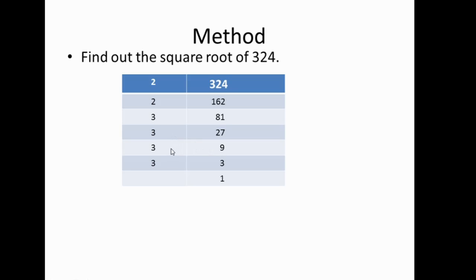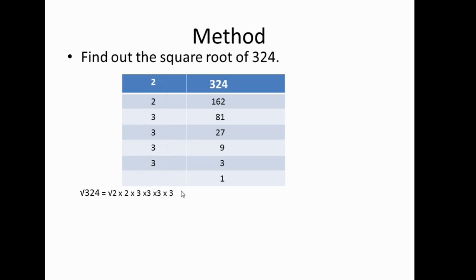Now I divide 9 by 3, it becomes 3, and similarly 3 divided by 3 gives you 1. So all these factors we need to multiply to find out the square root of 324.